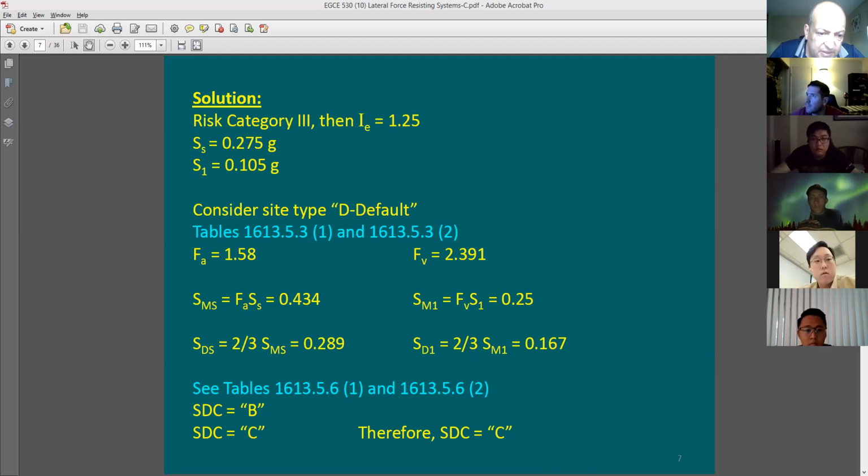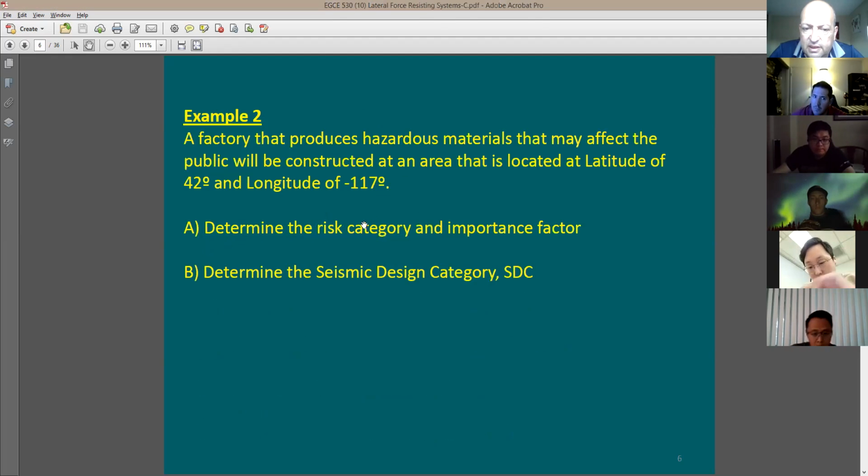And what you can do here, you can go to SEAOC or OSHPD, or you can go to the ATC. What you need to do is just input the coordinates, like these two coordinates, latitude and longitude.